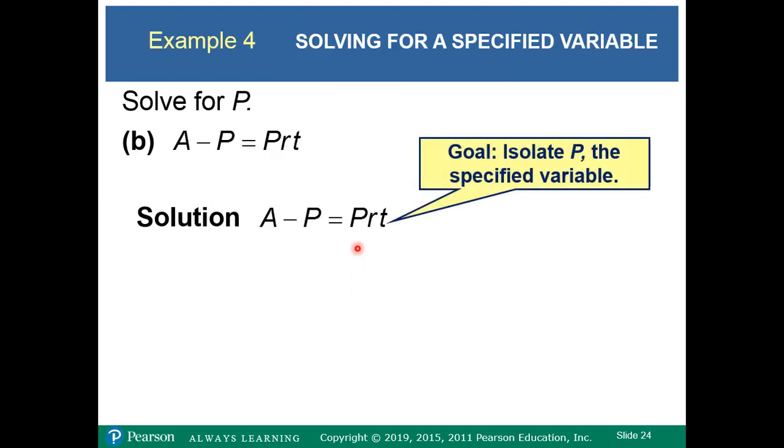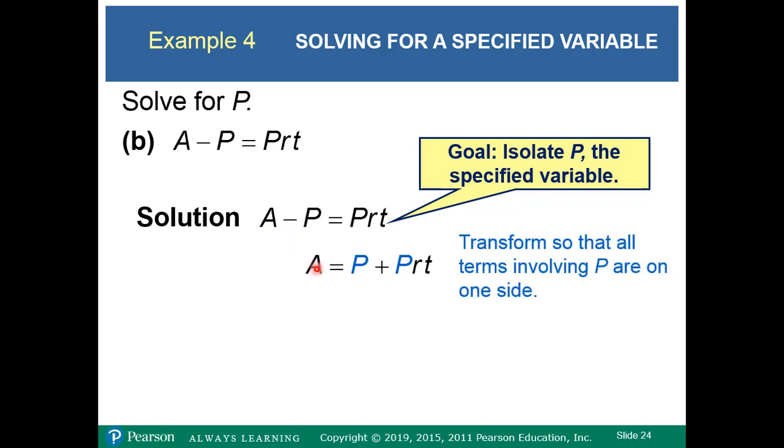Let's say you're given this, and they say, I want to solve for P. What are you going to do? You have to isolate P to one side. Well, I've got P here and I've got P here. So the first thing I need to do is get P all to one side. So I'm going to add P to both sides here. And so now I get this.